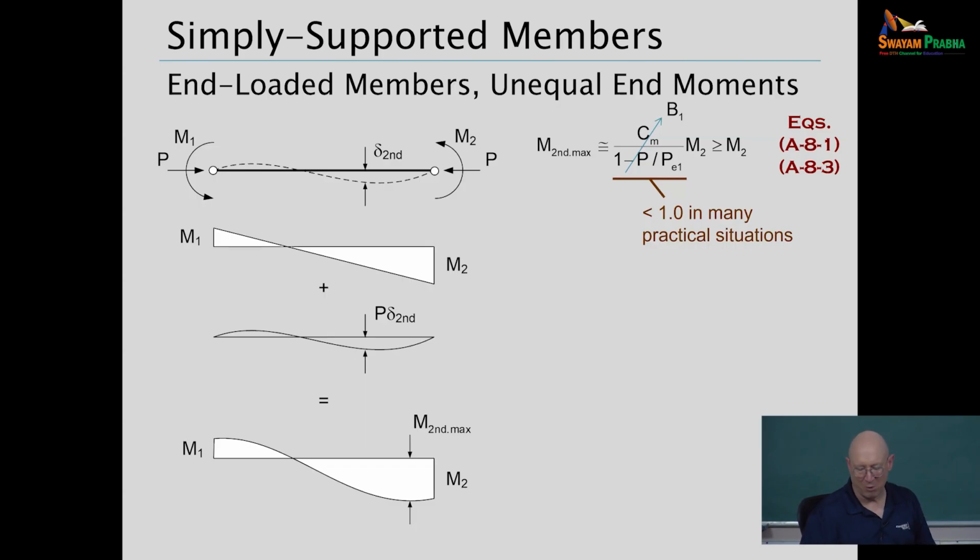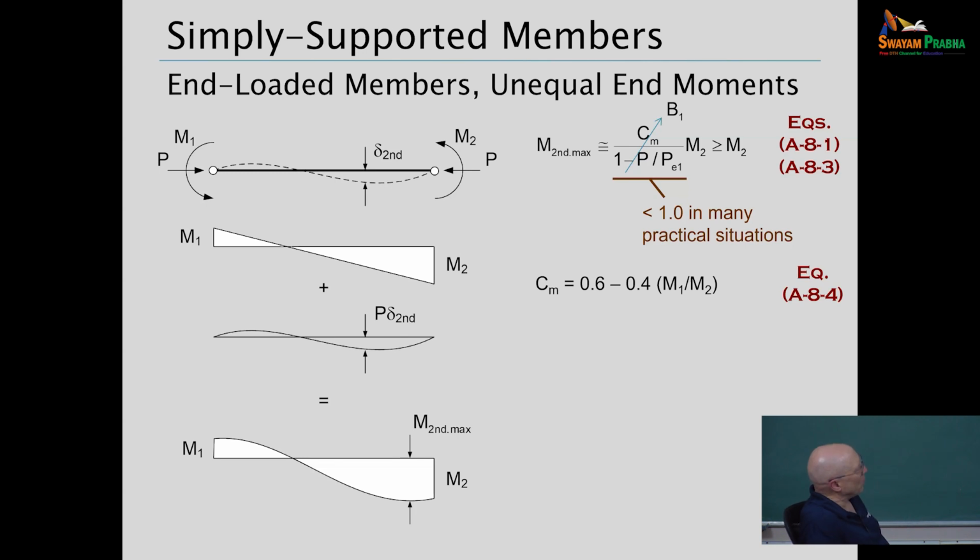Always take B1 as 1, or if you get something larger than 1, then the moment between the ends is estimated to be larger. And the C sub m in this case, this does show up in some of the Indian code equations, in a more general context.